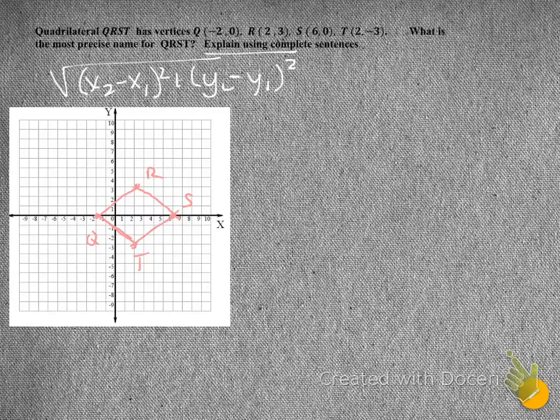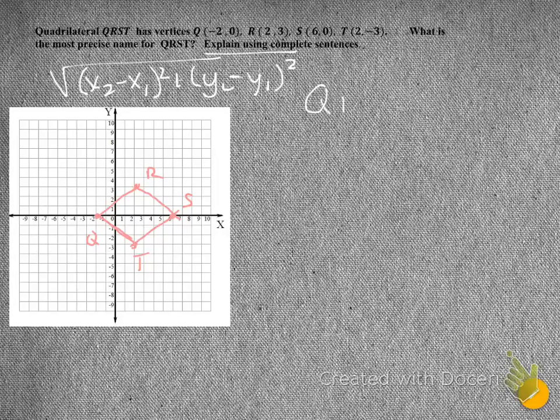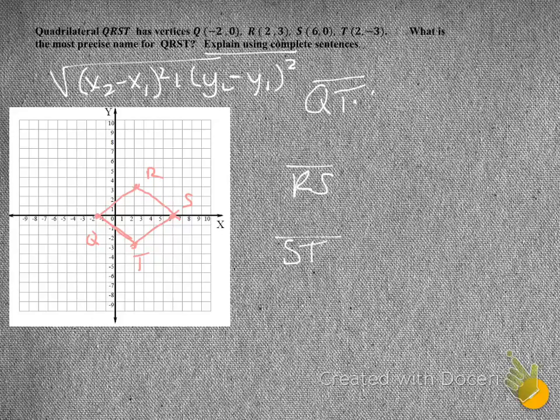So first I'm going to find the distance of QT, and then we have RS, and then ST and QR. So I need to find the distance between those points to figure out what those lengths are. So I'm going to plug it in to that formula.